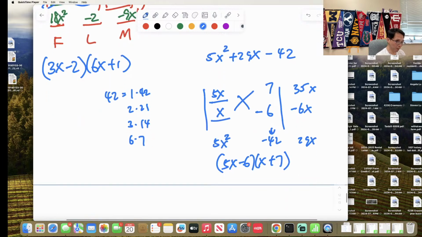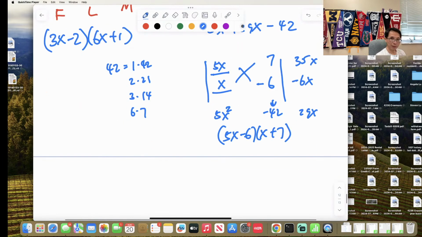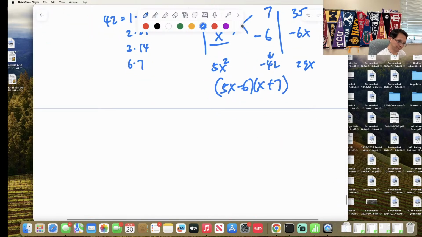Okay, so this is called the box method. I'll give you some difficult ones, see if you can handle it, but let me give you another one. 49x squared minus 70x, sorry, minus 70x plus 25.